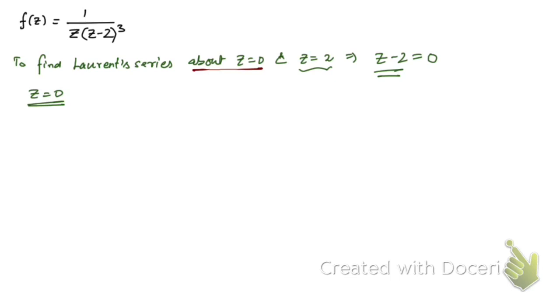But for z equals 0, we're going to express the series as powers of z. So now how to do that?